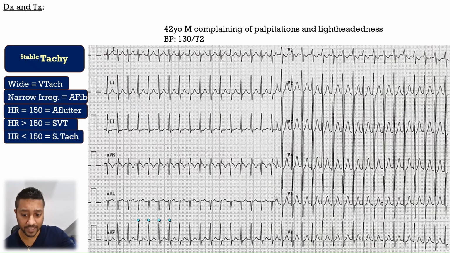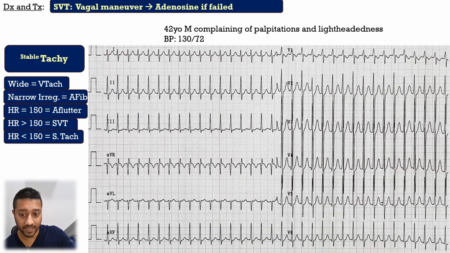So instead, I would say that this looks like a heart rate of greater than 150 in a narrow, regular rhythm, which is classically going to be your SVT or supraventricular tachycardia. So the treatment for SVT is always going to be, in a stable patient, vagal maneuver first, and if that doesn't work, you're going to go ahead and provide adenosine as an IV medication.